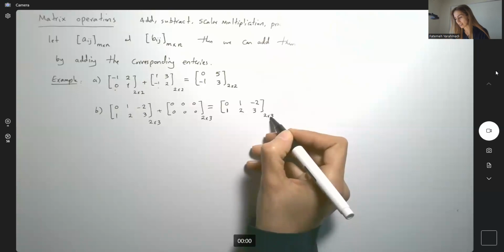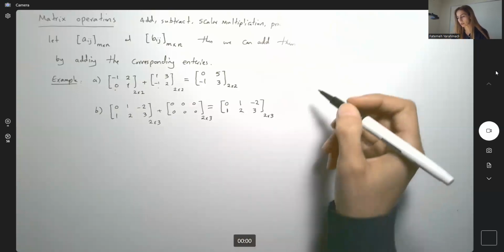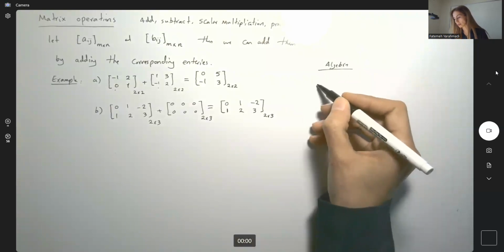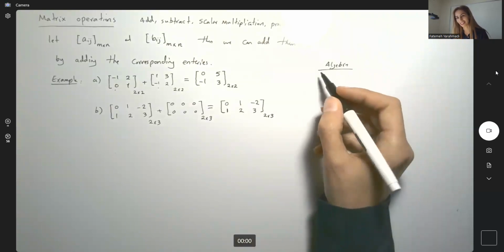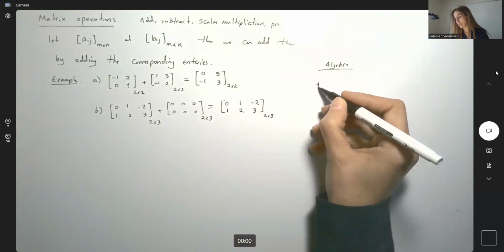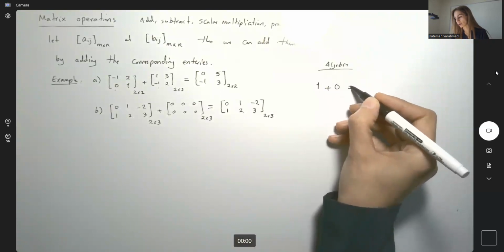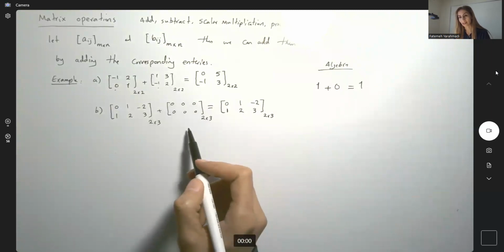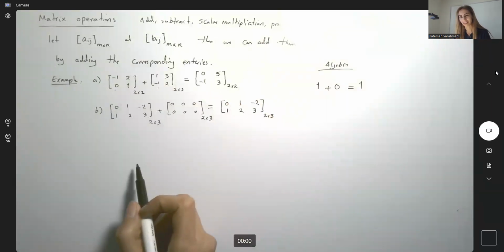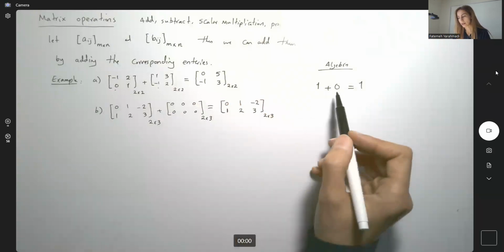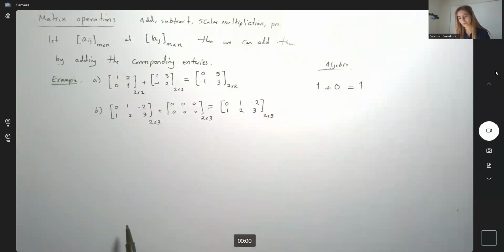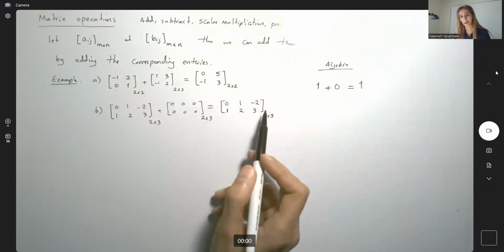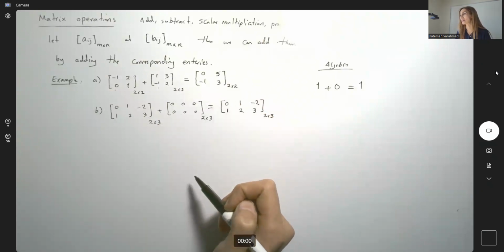Remember, in pure algebra, you had a neutral element that they called 0. Any number plus 0 gives you that number back. So this matrix in this operation, in this system, also acts as a neutral element. Any matrix added to 0 is going to be the same matrix back.